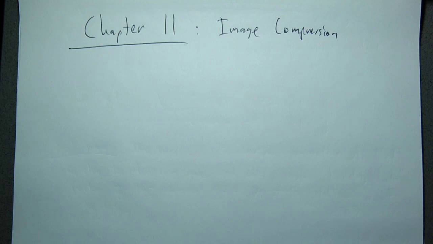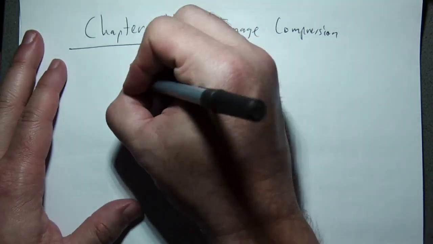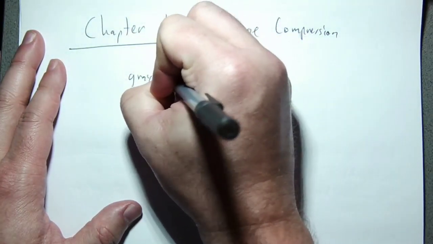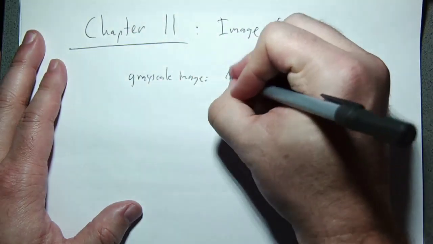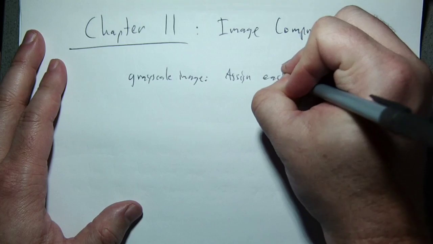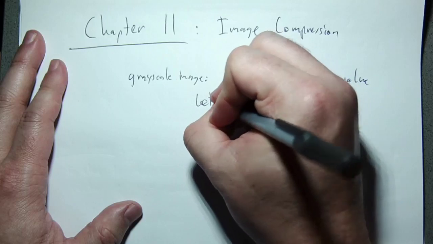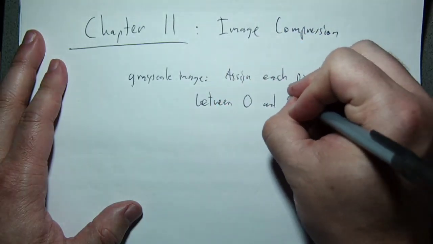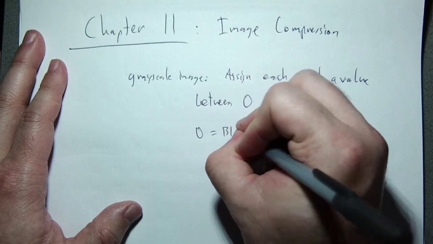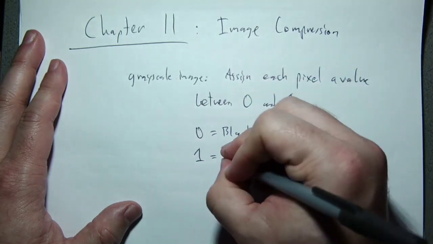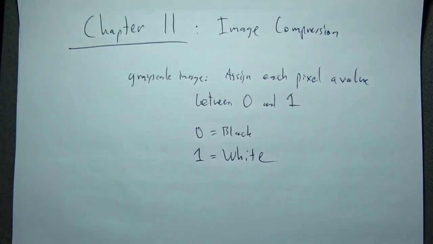We're going to use this last method: a grayscale image, assigning each pixel a value between 0 and 1. 0 is black and 1 is white. So we're storing these images pixel by pixel, and this is how we're encoding them.